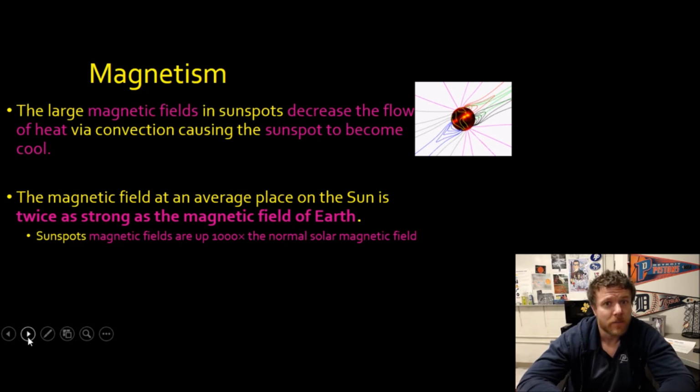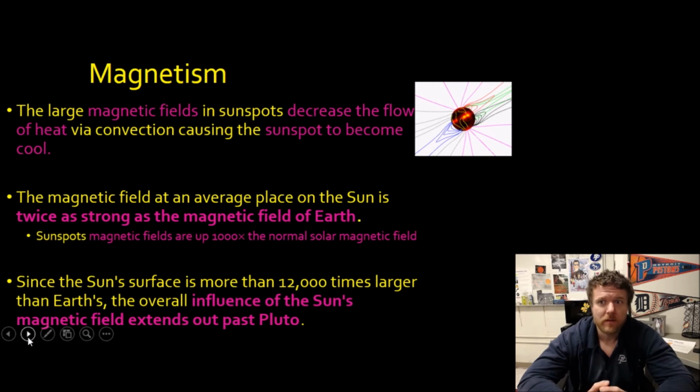However, at a sunspot, the magnetic field is about 1,000 times stronger than that. So about 2,000 times stronger than planet Earth. And because it is so incredibly strong, you can actually measure the magnetic field of the sun all the way out where Pluto orbits.